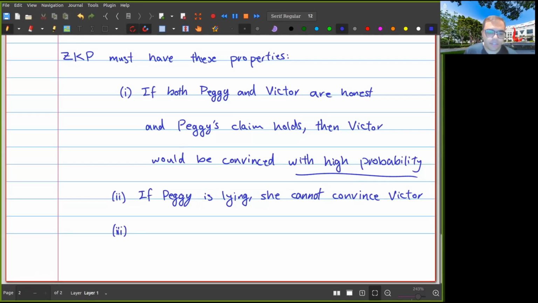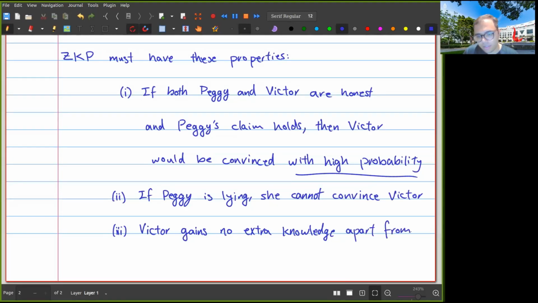The third part of the definition, or the third property that I need, is that Victor gains no extra knowledge, apart from the fact that Peggy's claim is actually true.